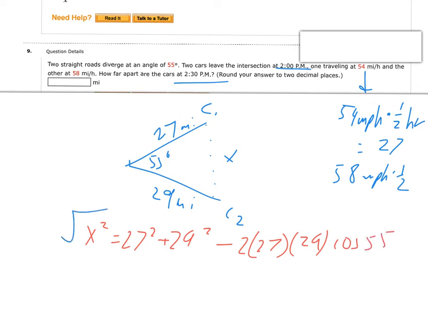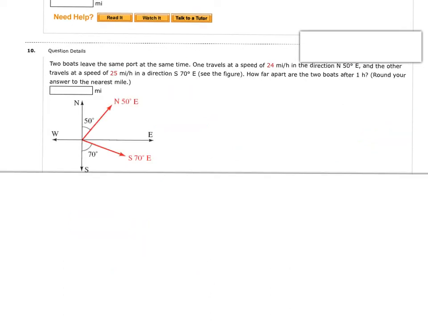And then we can just square root both of those and type it in to our calculator. And if I do that, I get x at 25.92 if we go to the nearest decimal place.